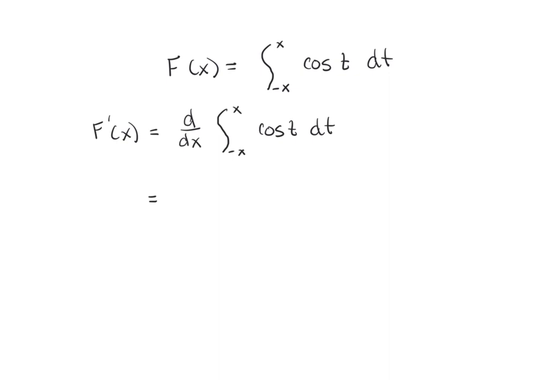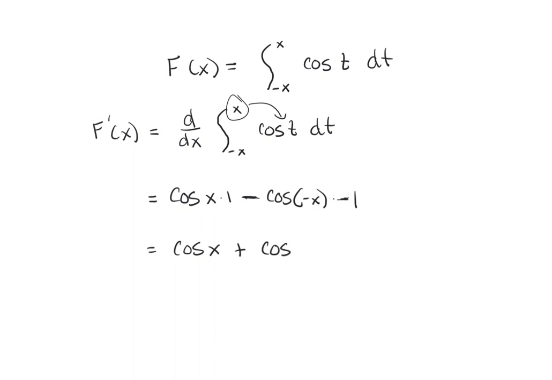You start by plugging in the top one, so cosine of x, times the derivative of x, which is just times 1. And then minus, plug in negative x: cosine of negative x times the derivative of that, which is times negative 1. So minus, but then this is a negative. This will turn into just cosine of x plus cosine of negative x.